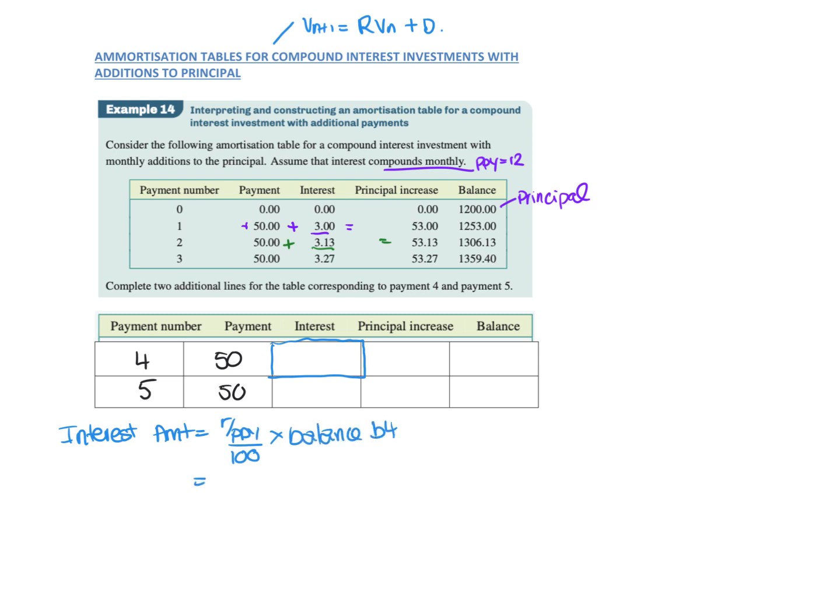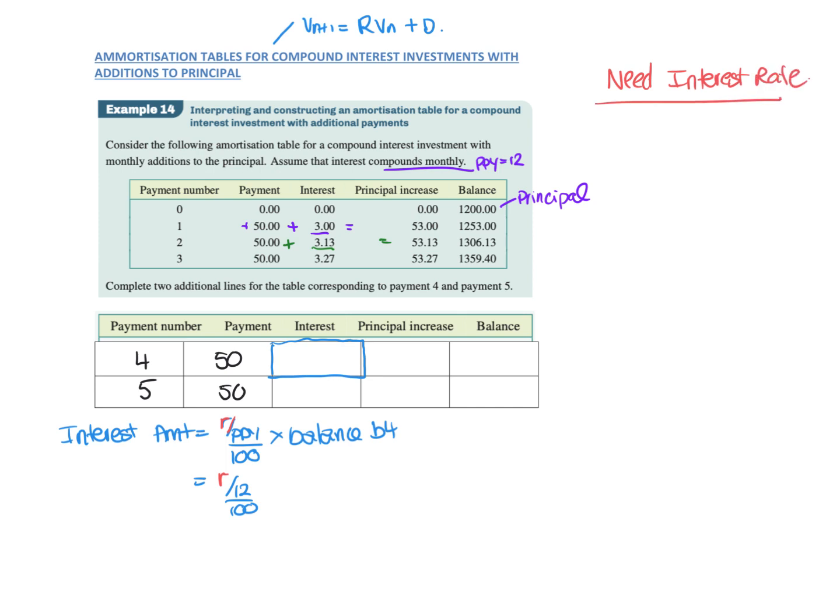But I don't have the rate, so now I've got a problem: I need to find out what the rate is. I do know what PPY is, don't I? It was 12, so 12 over 100. So I'm going to come up here and find the interest rate.